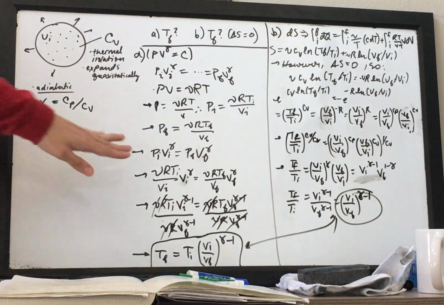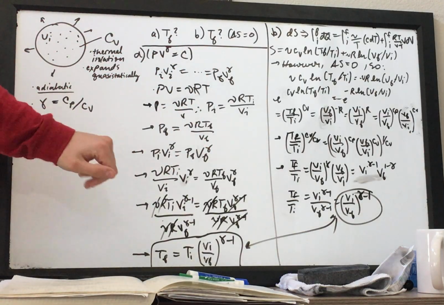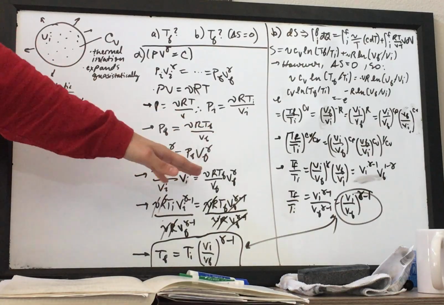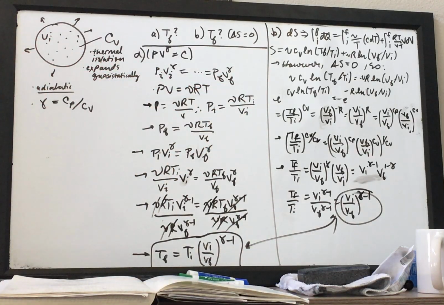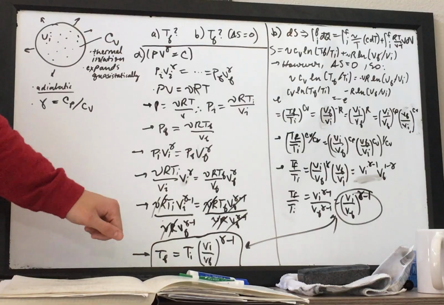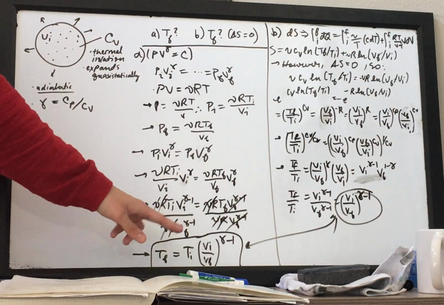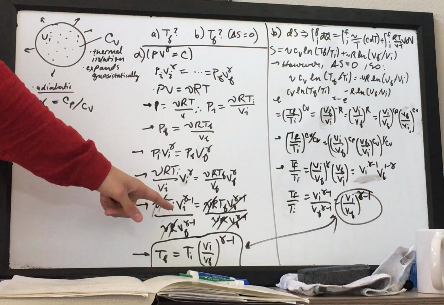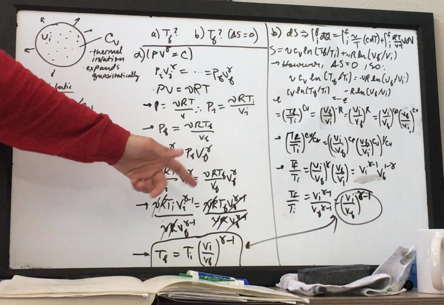So we get nu R T sub I divided by Vi times Vi to the power of gamma, same thing on the right-hand side. Then we algebraically move some terms around, and we get a final expression for our final temperature equal to our initial temperature times the ratio of our initial volume to our final volume to the power of gamma minus 1.